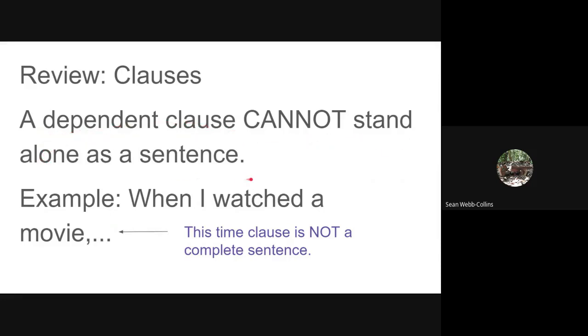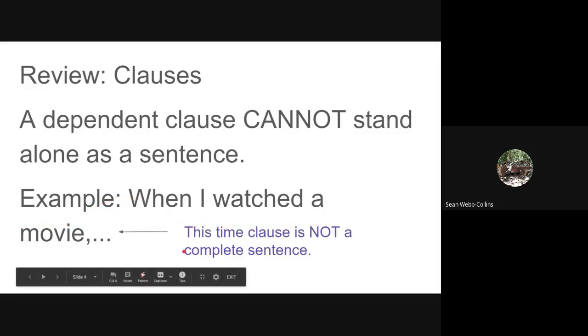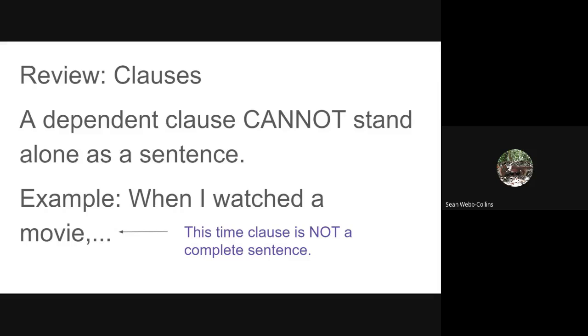For example, when I watched a movie, this isn't a full sentence. This time clause is not a complete sentence. It is a sentence fragment. When I watched a movie, it doesn't introduce any further idea to complete the sentence, so it's not correct. It wouldn't be accepted on an exam, for example.